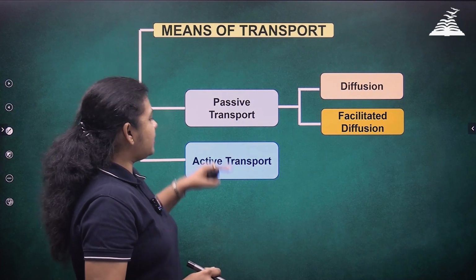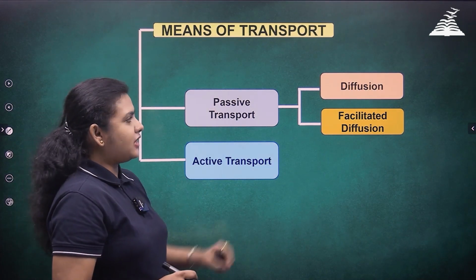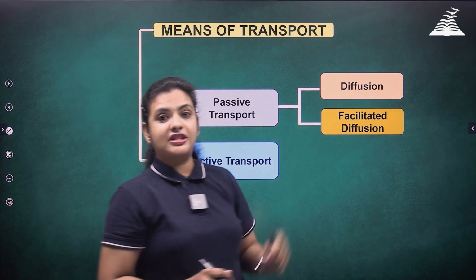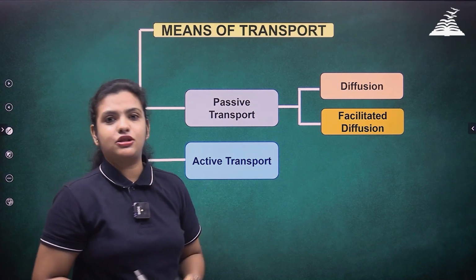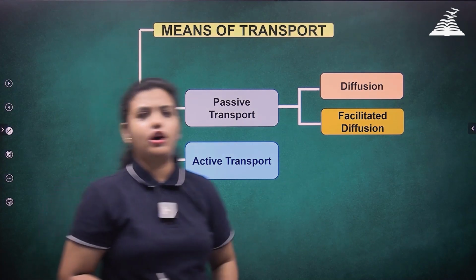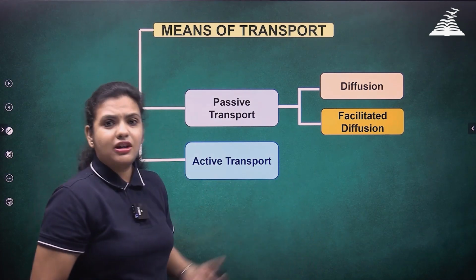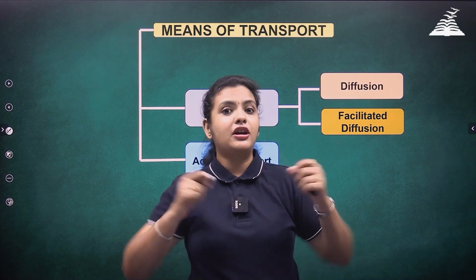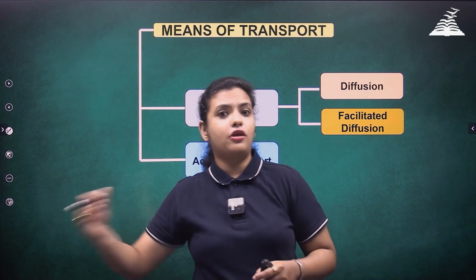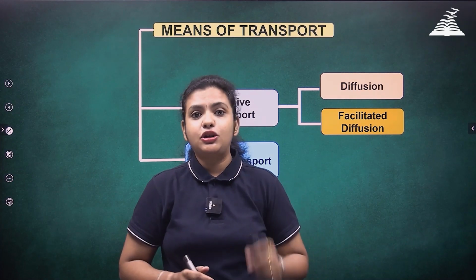One is passive transport and the other is active transport. In passive transport, we have diffusion and facilitated diffusion, which you need to understand in detail, students. Very, very important from your examination point of view. Okay. And what is active transport? Active means you have a lot of energy, so much energy to do a lot of work. That is active. What is the word that I used here?